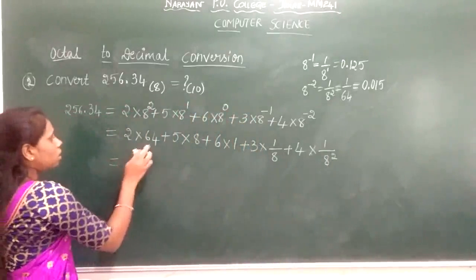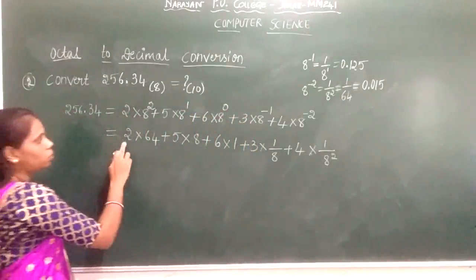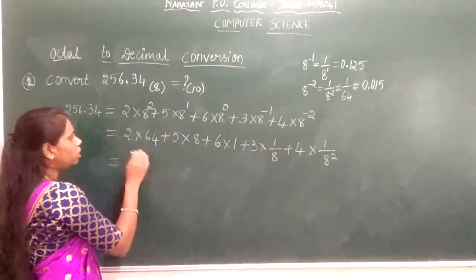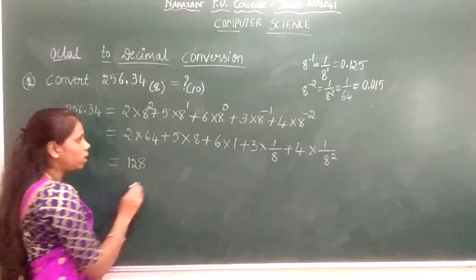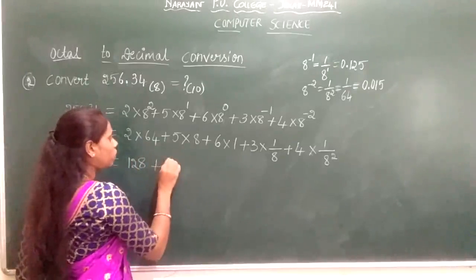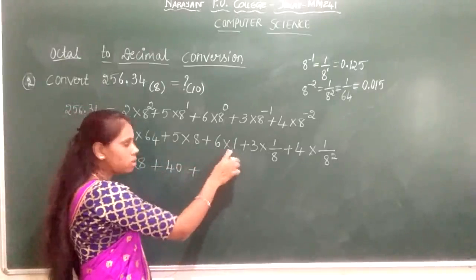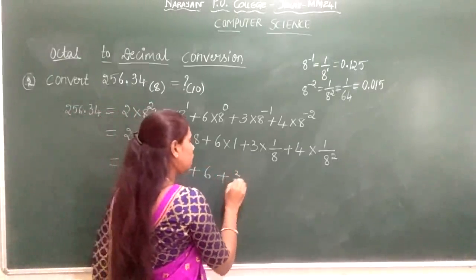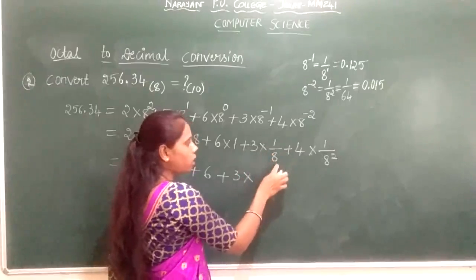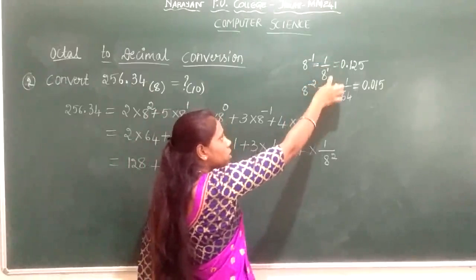Next, multiply 64 and 2, that is 2 4s are 8, 2 6s are 12. So 64 into 2 is 128, plus 8 5s are 40, plus 6 into 1 is 6, plus 3 into 1 divided by 8. 8 power -1 can be written as 1 by 8.